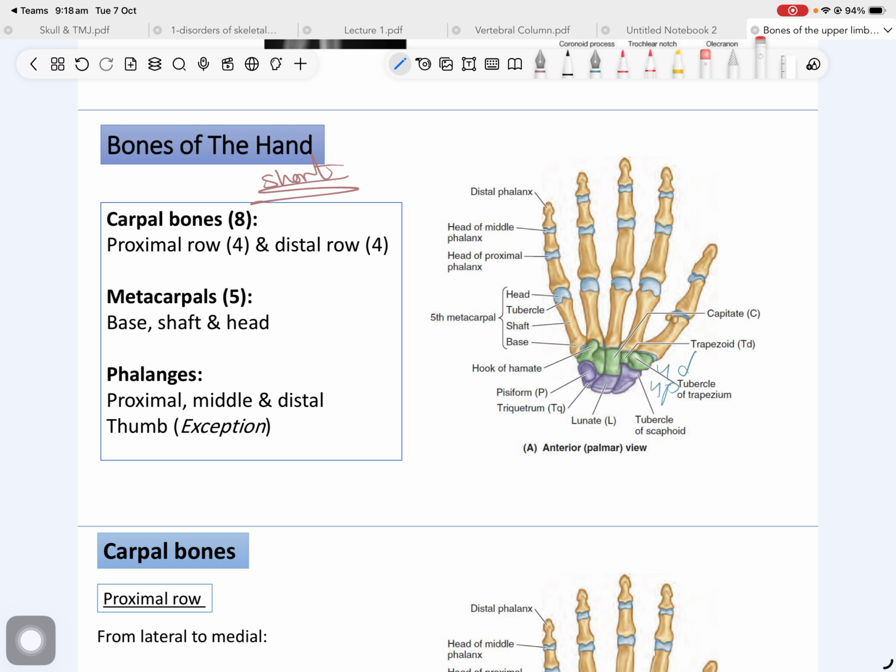Here I have only 2, proximal and distal.